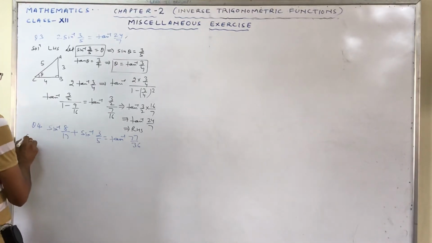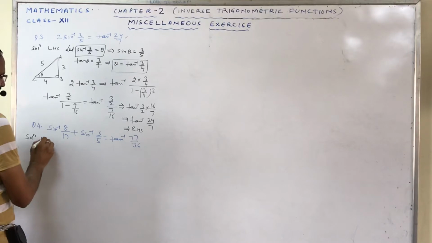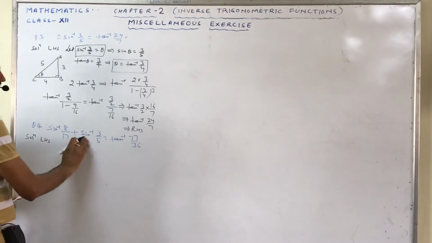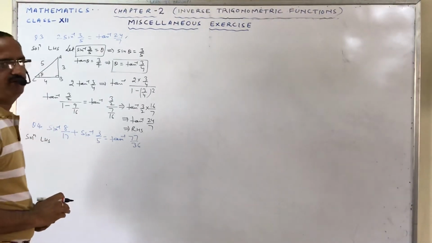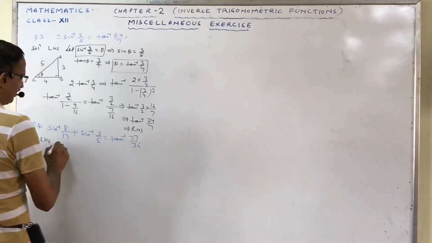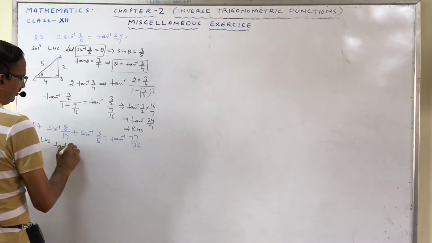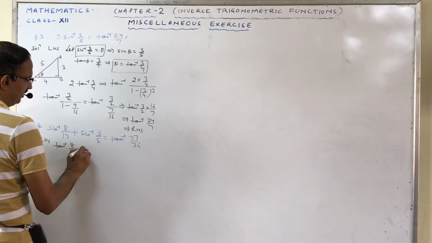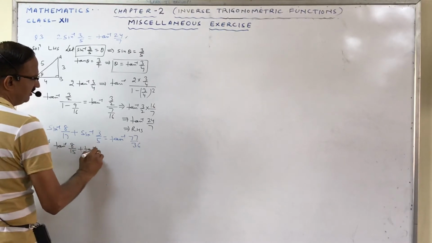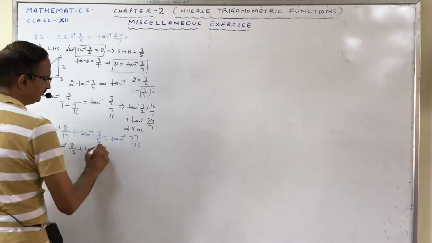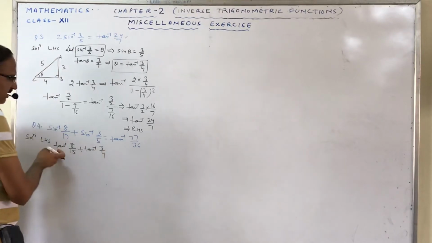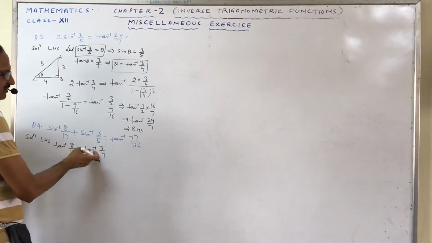So the solution is like this. Consider LHS. In LHS we will convert these two in the form of tan inverse. Then the first one becomes tan inverse 8 by 15 and this is tan inverse 3 by 4. Now this is tan inverse 8 by 15 plus tan inverse 3 by 4.